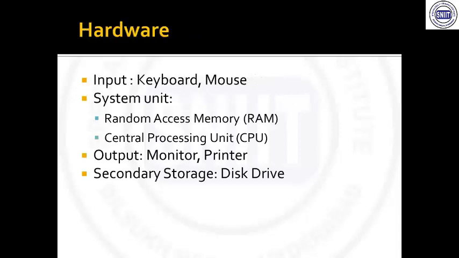So how will the software be given? Software will interact with the devices. It may be an input device, an output device, or a system device. There are so many different types of hardware components, and those hardware components can be controlled by software. Here we are seeing a keyboard and mouse, right? If you open a mouse and look, you will find some kind of chips inside, like integrated circuits. Those are called ICs, integrated circuits. Not only in a mouse, but in a monitor, a printer, whatever electronic device you open, they will be there.